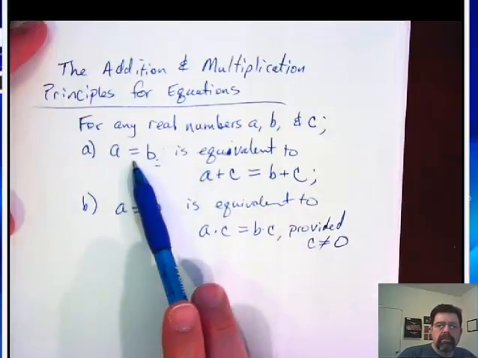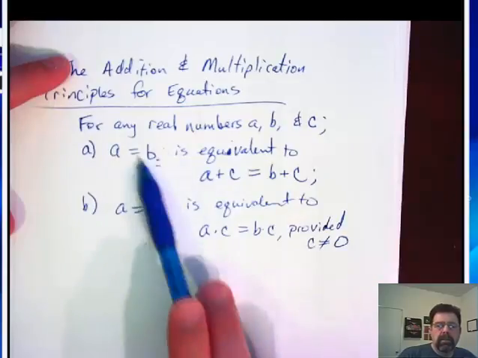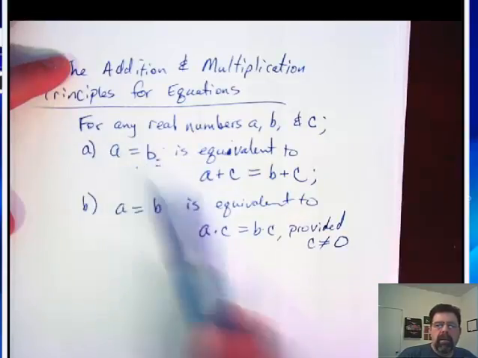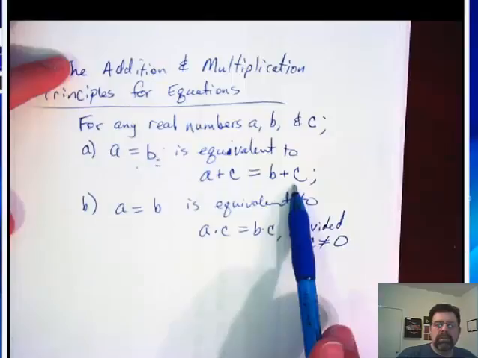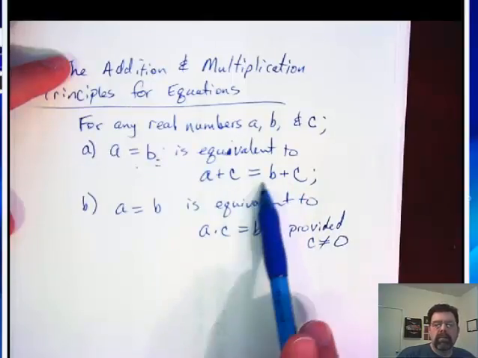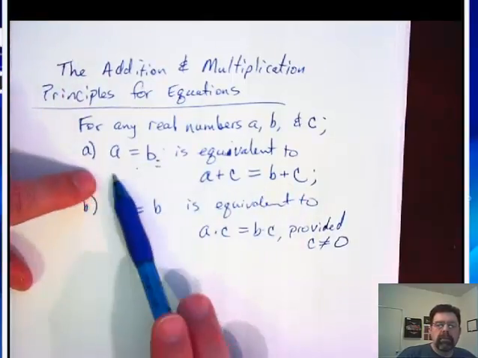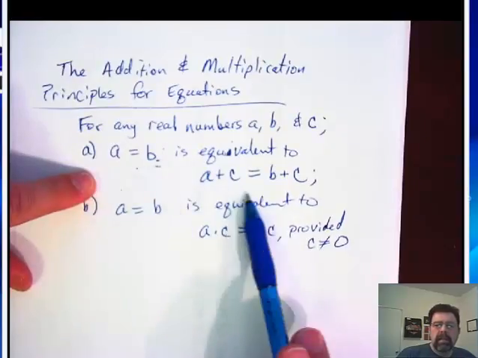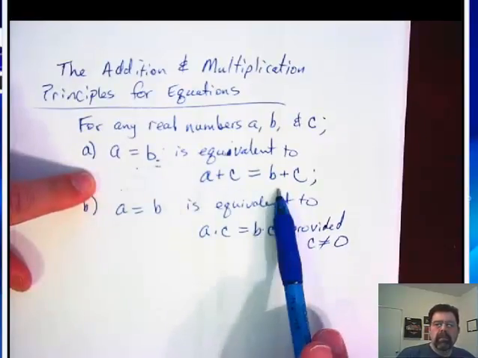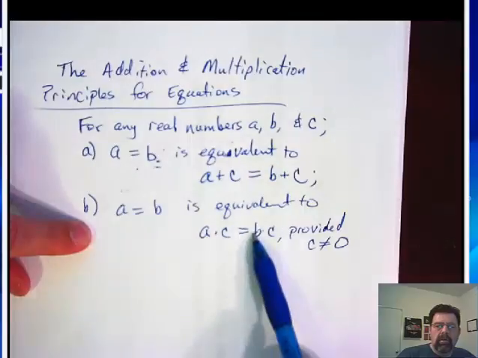So what this principle is saying is if you have an equation, you can add any number you want as long as you add it to both sides, and you get an equivalent equation, meaning that the solution set for this equation is the same as the solution set to that equation. And it works the same for multiplying.